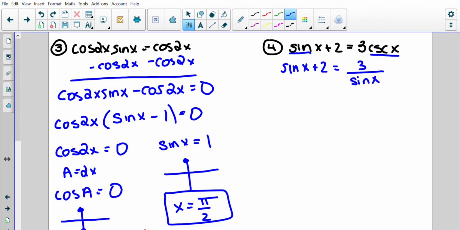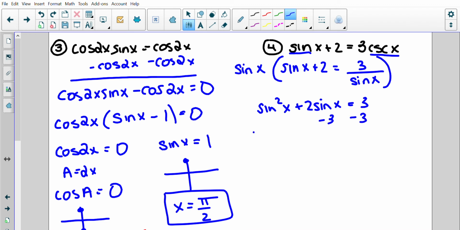And then in order to clear the fraction, I'm going to multiply everything through by sine of x. So we get sine squared x plus 2 sine x equals 3. And then you might notice that this is actually a quadratic, so I'm going to get it set equal to 0 by subtracting the 3 over.